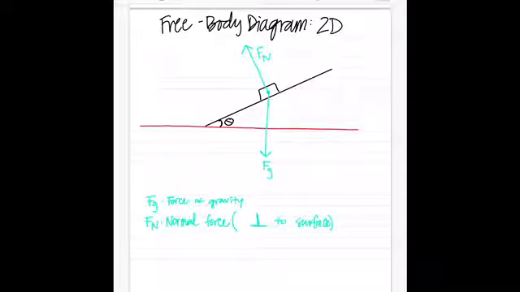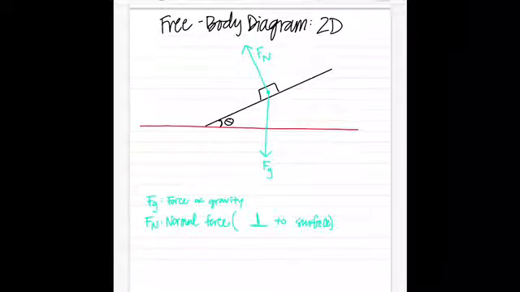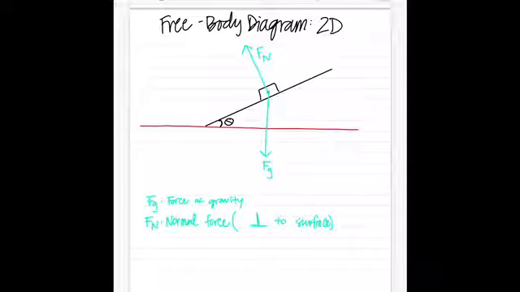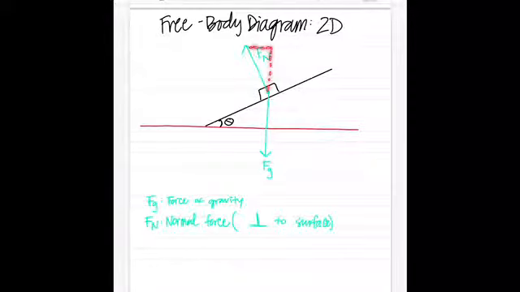Now, because normal force is no longer straight up and down, like we learned yesterday, normal force now has x and y values. We now have to calculate those because this is not straight up and down or left and right anymore.